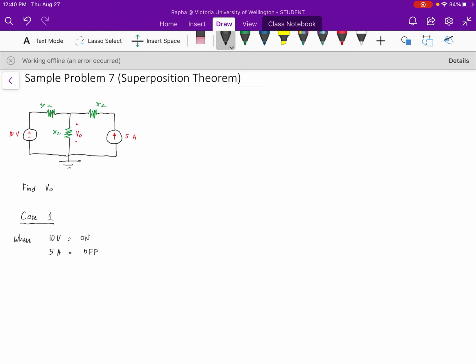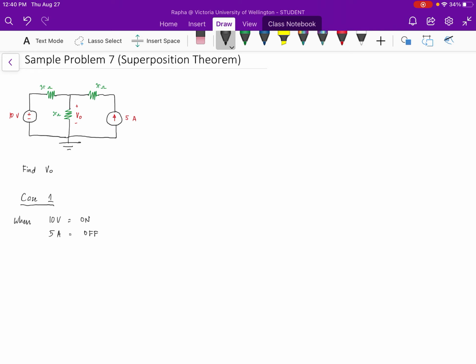So what is it going to look like as we simplify our circuit diagram? Because the 10 volt voltage source will remain on, we will include that in our simplified diagram.